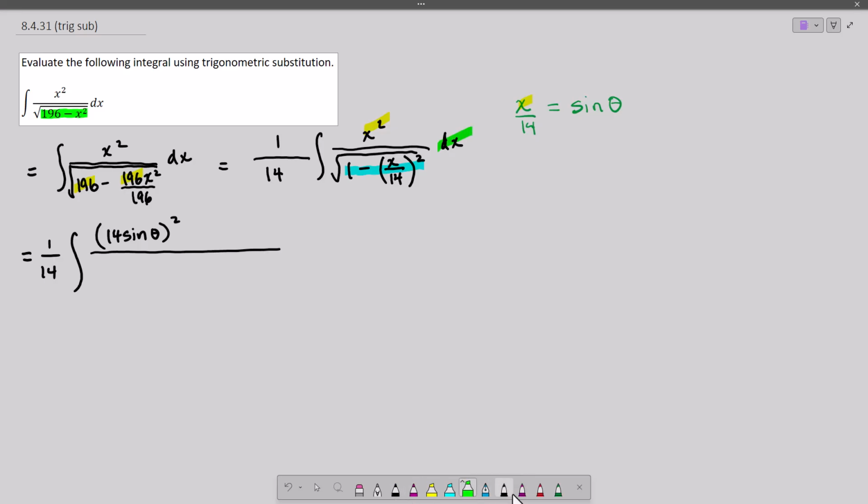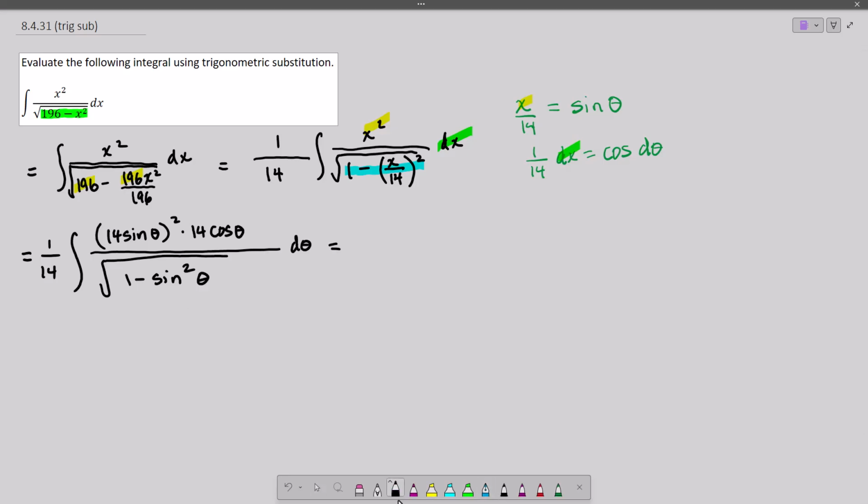To deal with the dx, we need to take the derivative over here. So the derivative of the left, the derivative of the right will give us that. If we isolate dx, we see that dx is 14 multiplied by cosine of theta d theta. And then down below, we have square root of 1 minus sine squared. And of course, that's going to be cosine squared.